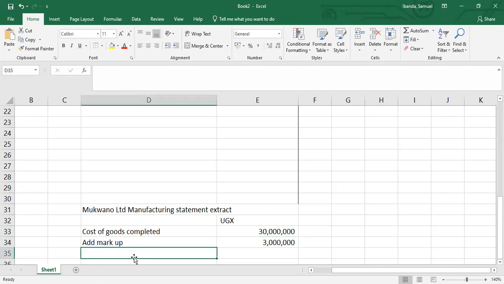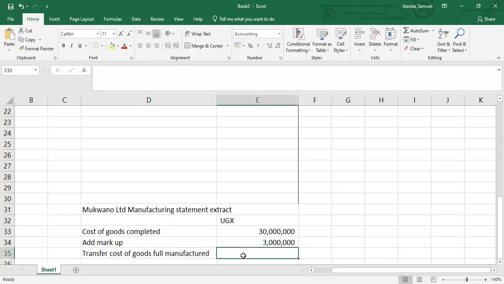Since we are now transferring at a markup, our transfer cost of goods fully manufactured will be the summation of these two.